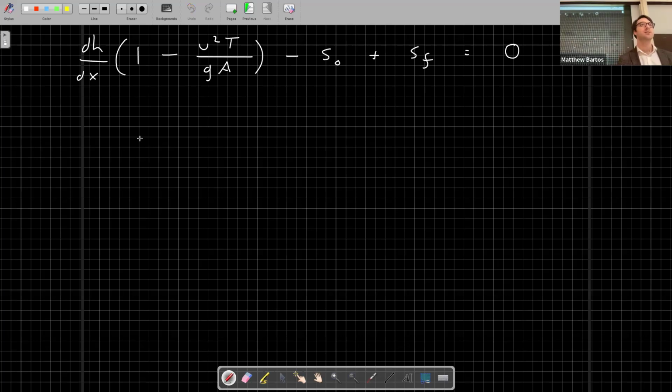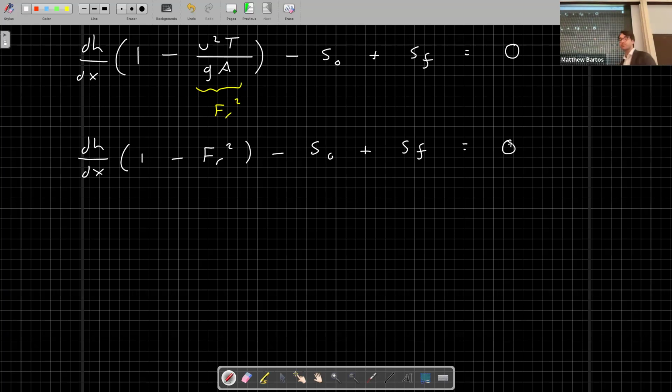It's the Froude number squared. So let's simplify that. We get dH by dx times quantity 1 minus the Froude number squared. So it's starting to look nice. Minus the bottom slope plus the friction slope is equal to 0.